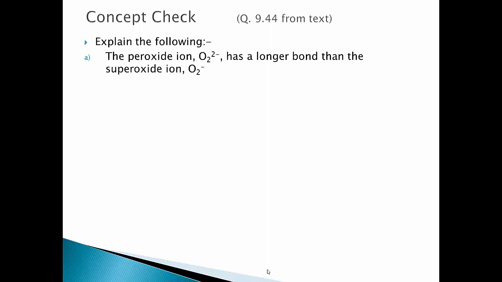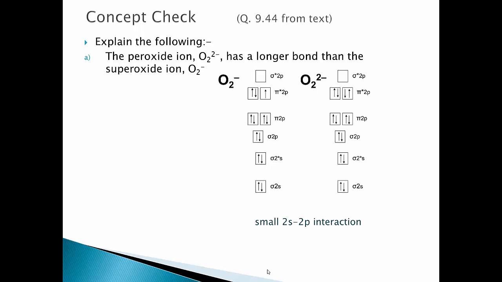Explain the following: a peroxide ion O2 2-minus has a longer bond than the superoxide ion O2 minus. So let's have a look at our interaction. We know that the oxygens have a small interaction because they're more on the right hand side of the P block. So small interaction means that we've got our sigma and then our pi.